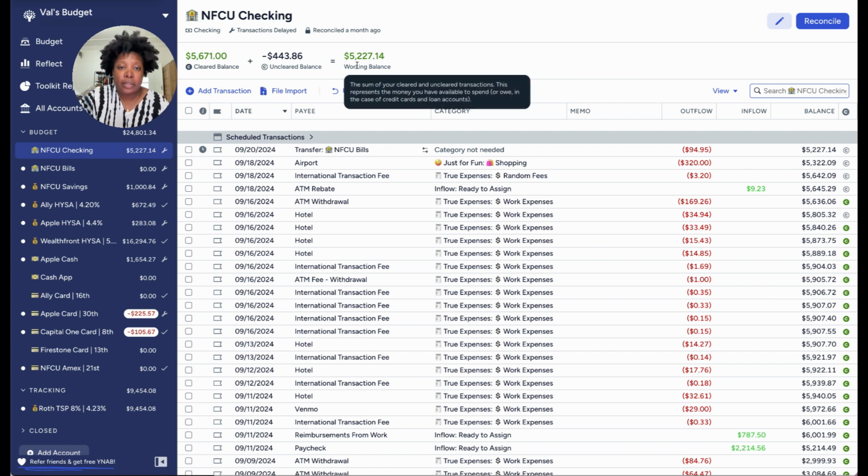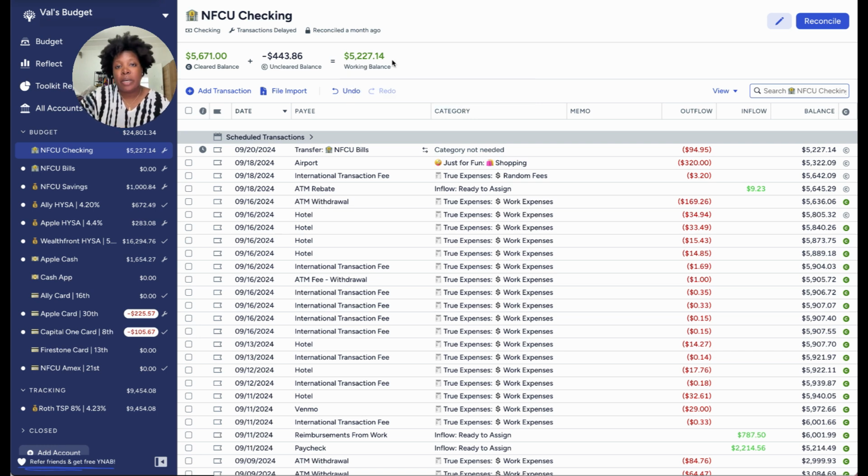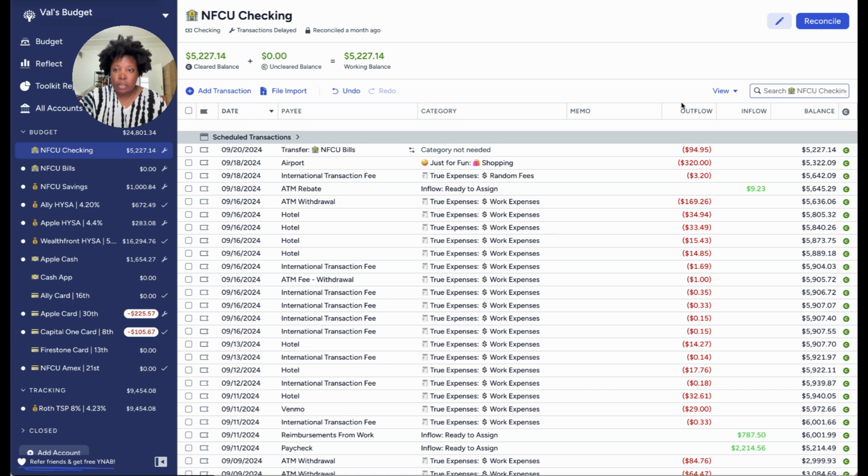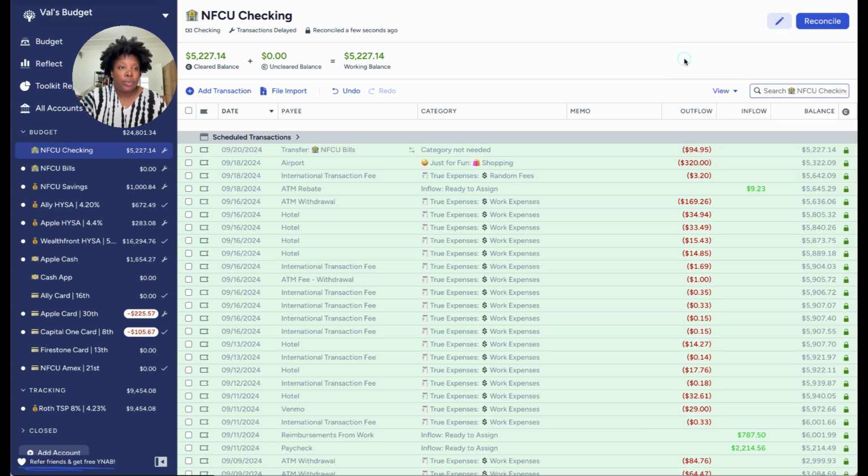So the working balance of $5,227.14 matches my available balance in my Navy Federal checking account. So I can go ahead and reconcile this account, and I can go ahead and clear all of these because everything in my checking account is cleared. So let's reconcile, and yes, we're all good to go.